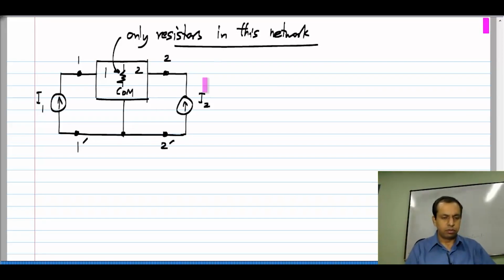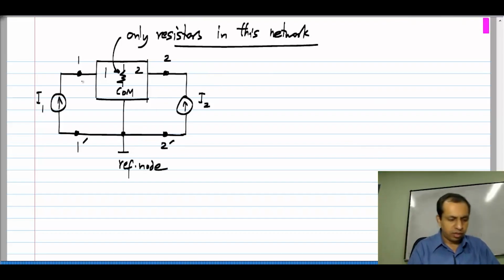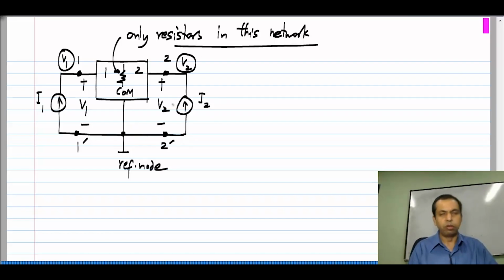Now, let me try and use nodal analysis for my proof. And I will choose this common node as the reference node. So, then the port 1 voltage V1 is nothing but the voltage at this node and port 2 voltage V2 is nothing but the voltage at this other node with respect to the reference node.